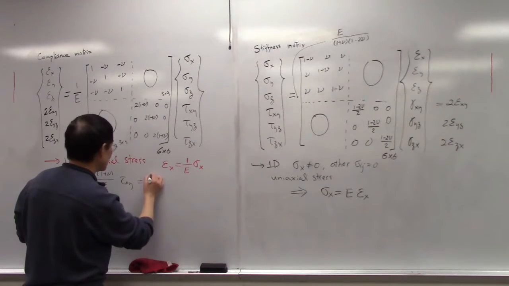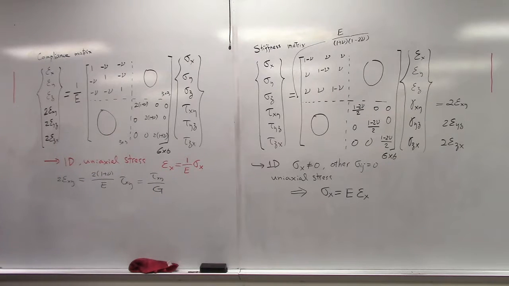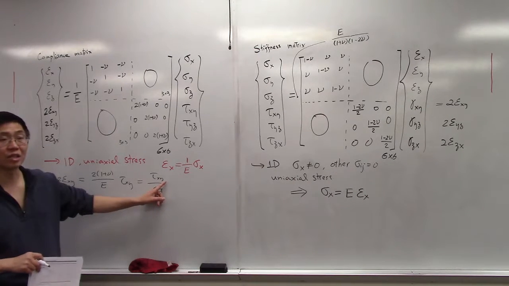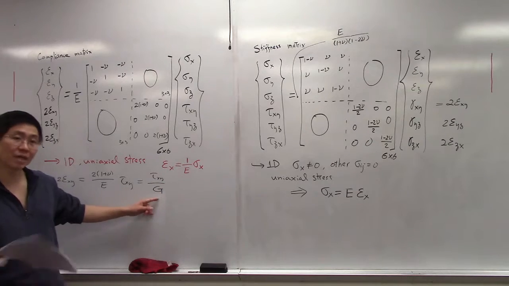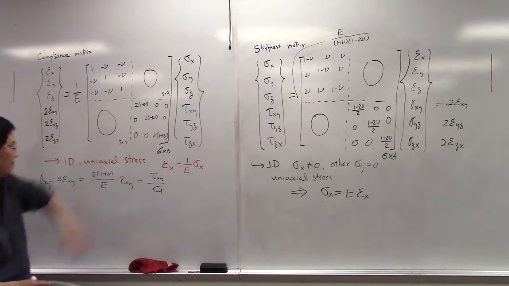So it is equal to tau xy over the shear modulus. And of course, we know engineering shear strain gamma xy is equal to engineering shear stress tau xy divided by shear modulus. Therefore, that one is very easy to remember, right? So you know that part.